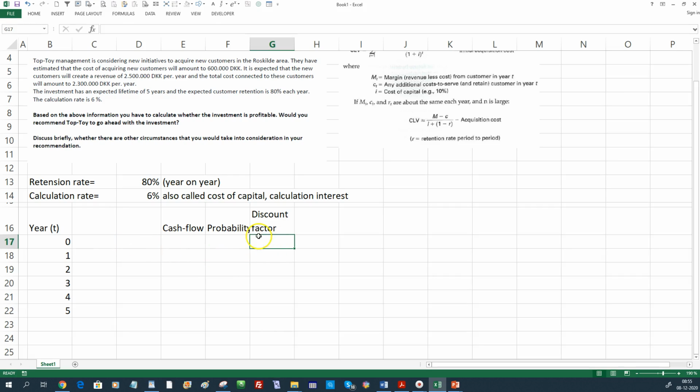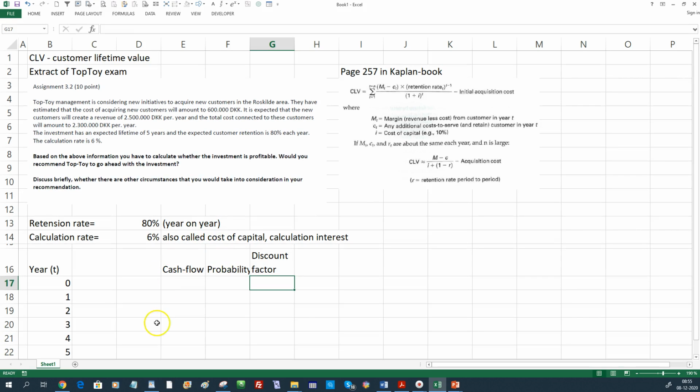And then, of course, how we get to a cash flow, you can need more or less columns to find out about that. I will say in this case they have up here margin, revenue less cost for the customer in year T. So I will use that word here. This is margin M, and it could be different in the years here.